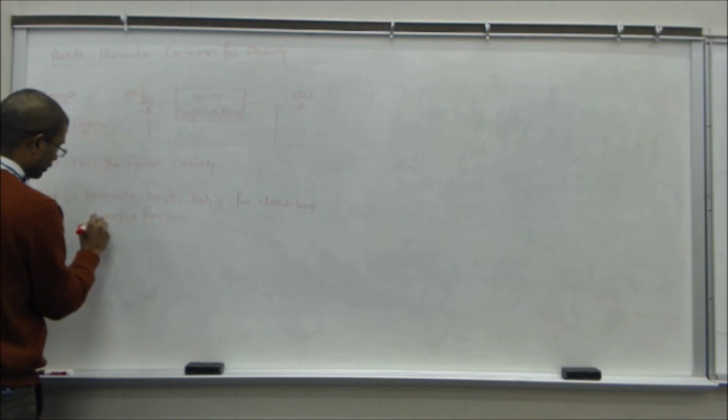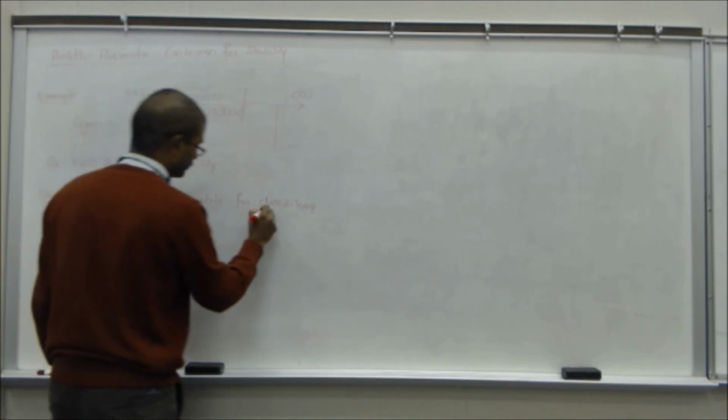Now this is important. You have to generate the Routh table for the closed loop transfer function.